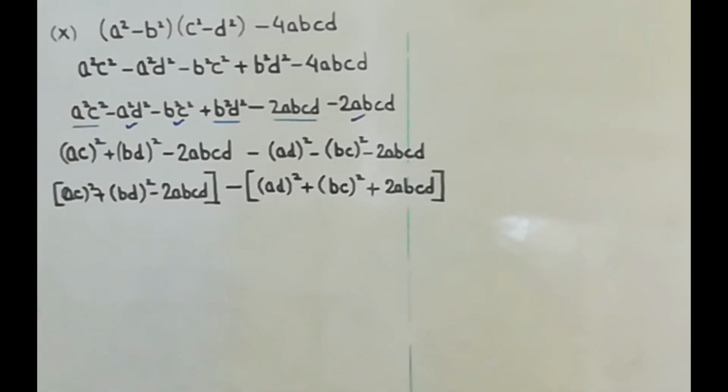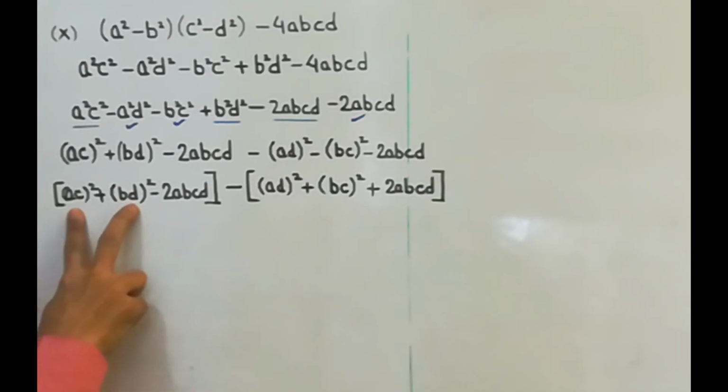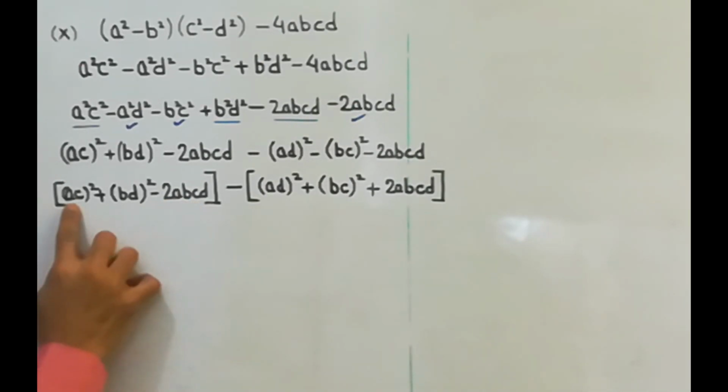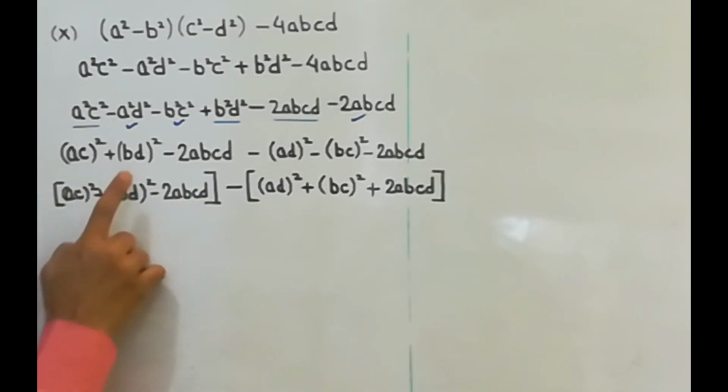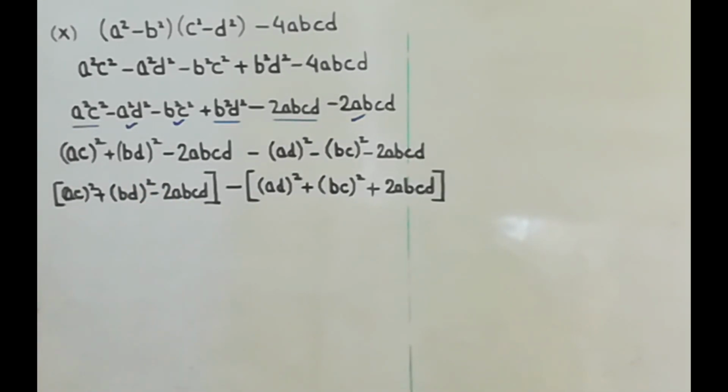Now if you see carefully, this gives you a formula. Suppose this is your x, this is your y, and this is 2xy. So this is x square plus y square minus 2xy, which is the formula of x minus y whole square.